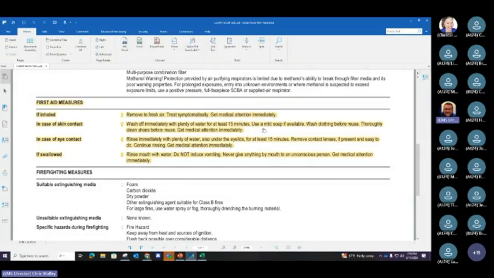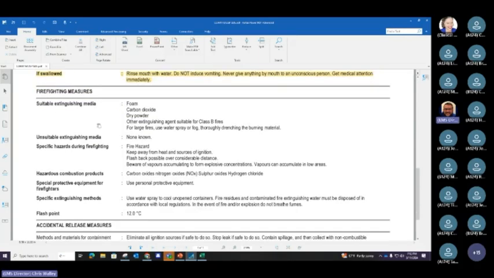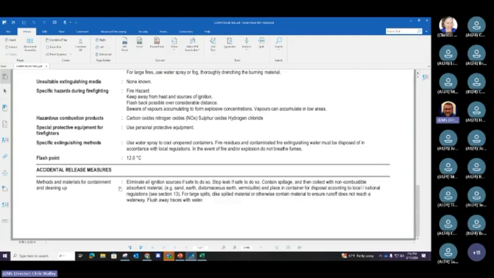All of your SDSs will look like this. They will have these examples. They will tell you what's going on. But I wanted y'all to see that 99% of your SDSs, as long as they come from the US, are required to have this section right here for first aid measures. It'll go down and tell you how to do firefighting and what happens if there are accidental releases and stuff.